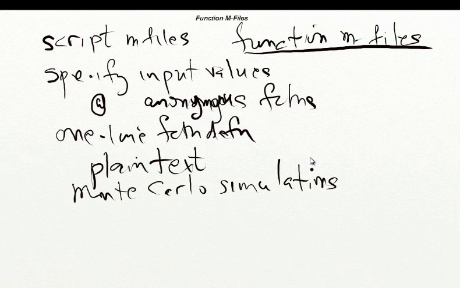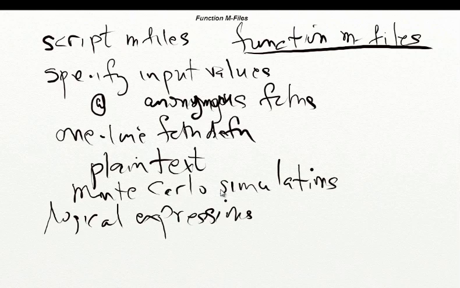But first, I want to tell you a little bit about logical expressions and MATLAB programming. MATLAB actually assigns values to logical expressions. It assigns the value 1 if the expression is true, and the value 0 if the expression is false.